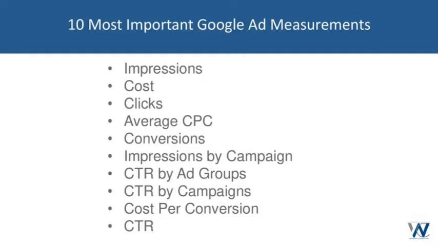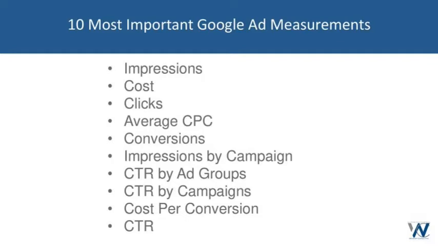It can tell you how many impressions you're getting by campaign, what your click-through rate is for ad groups and for campaigns, and what your cost per conversion is. You can get that down to the keyword level, and also see your overall click-through rate. These are the 10 most important and pretty much cover almost everything within Google Ads.